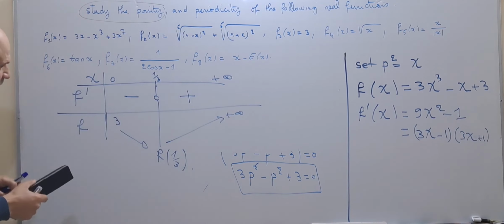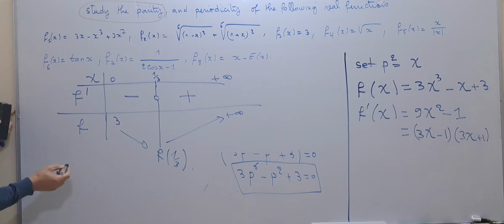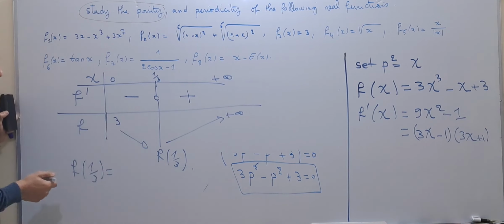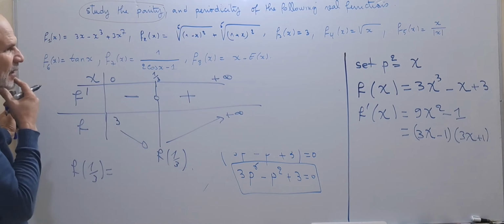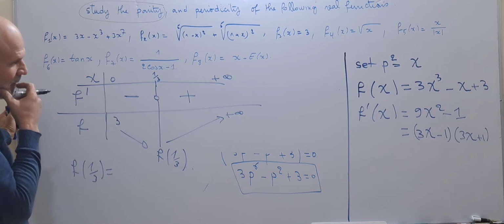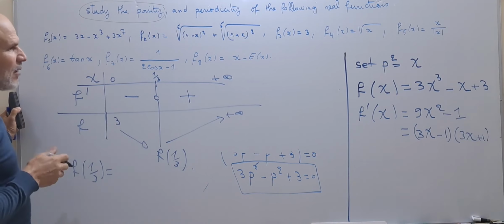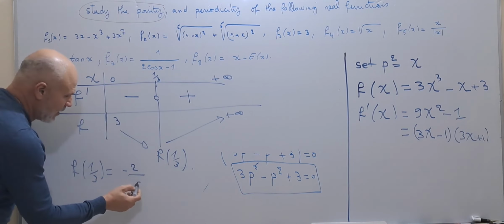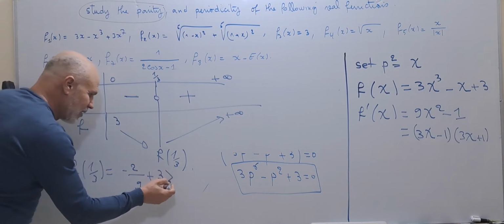So the minimum value is f of 1 over 3, and f of 1 over 3 is equal to 1 over 9 minus 1 over 3 plus 3, which is strictly greater than 0.